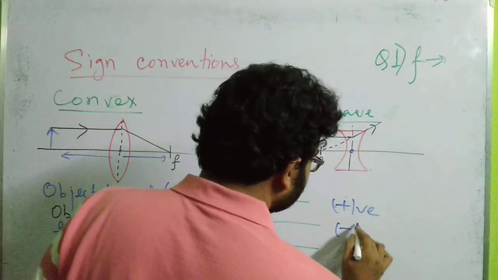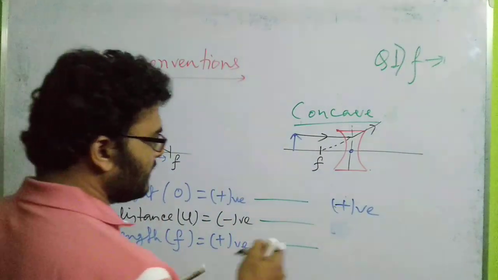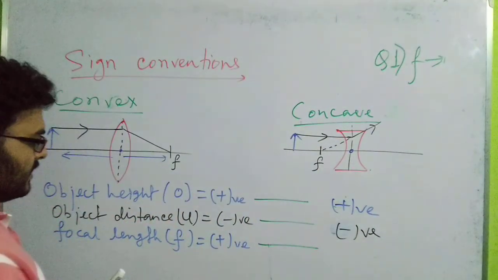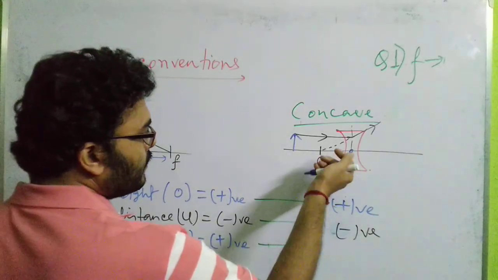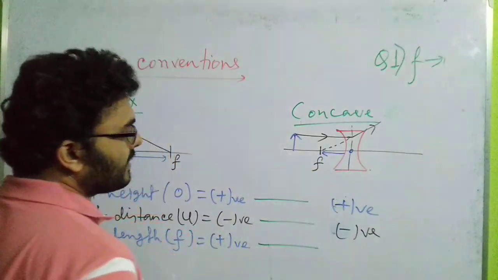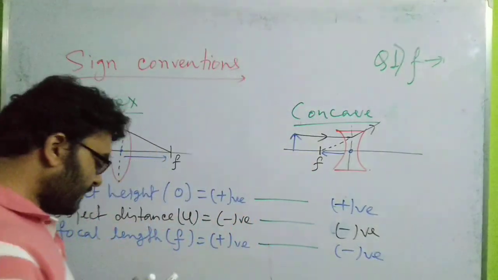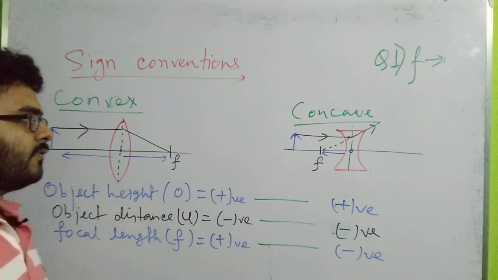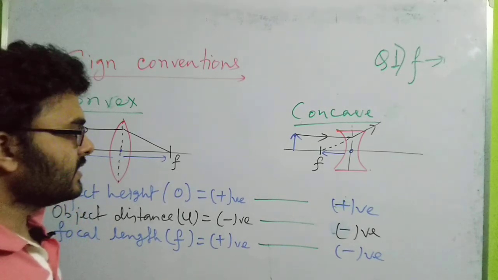So definitely this is also negative. And what regarding the focal length? Here the focal length turns out to be negative, as you are going against the direction of the incident ray for measuring the focal length. So these are the signs that are to be taken for object height, object distance and focal length for concave and convex lens. So is it okay?